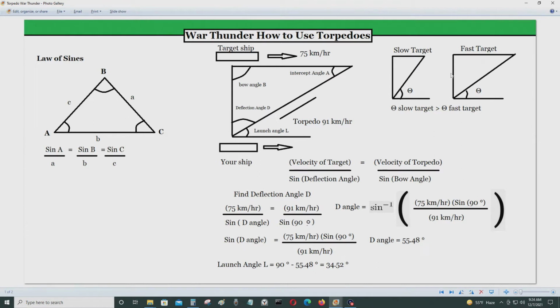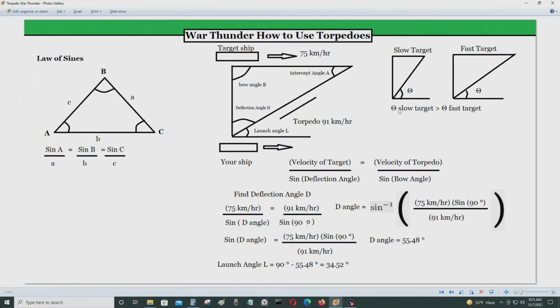So basically, fast target, slow torpedo. The launch angle would be less, right? Because this is more, this is less. So that's how you would get a conceptual view of this.